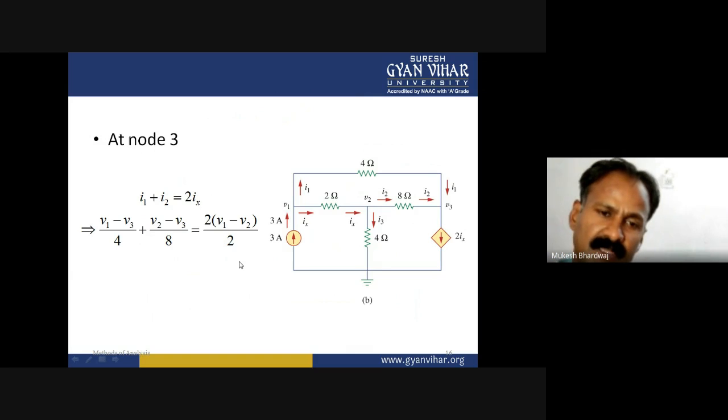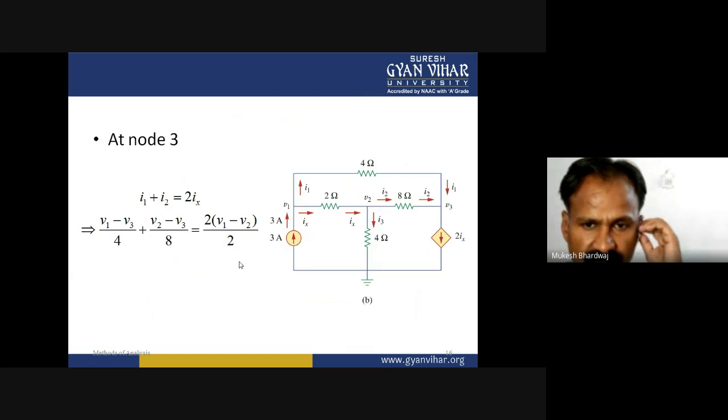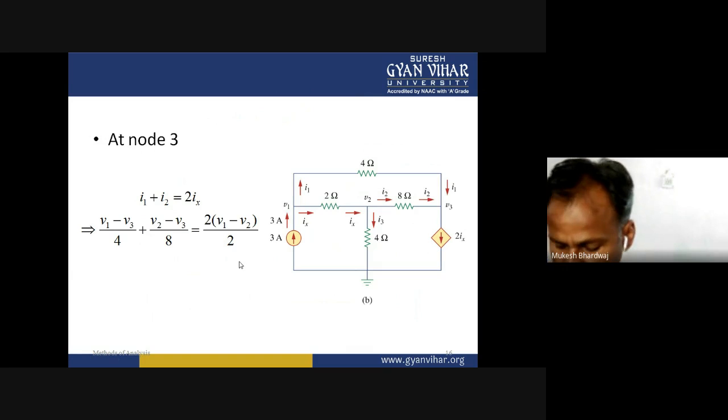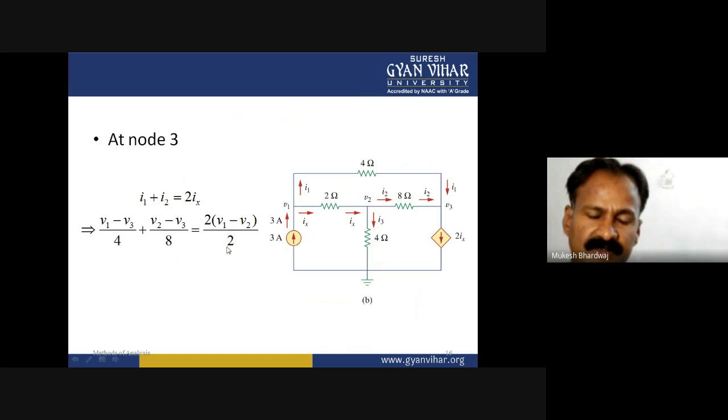Now three equations are formed and there are three variables, V1, V2 and V3. We can easily solve the three equations with three variables, and finally we get the values of V1, V2 and V3, that is, the junction voltages.